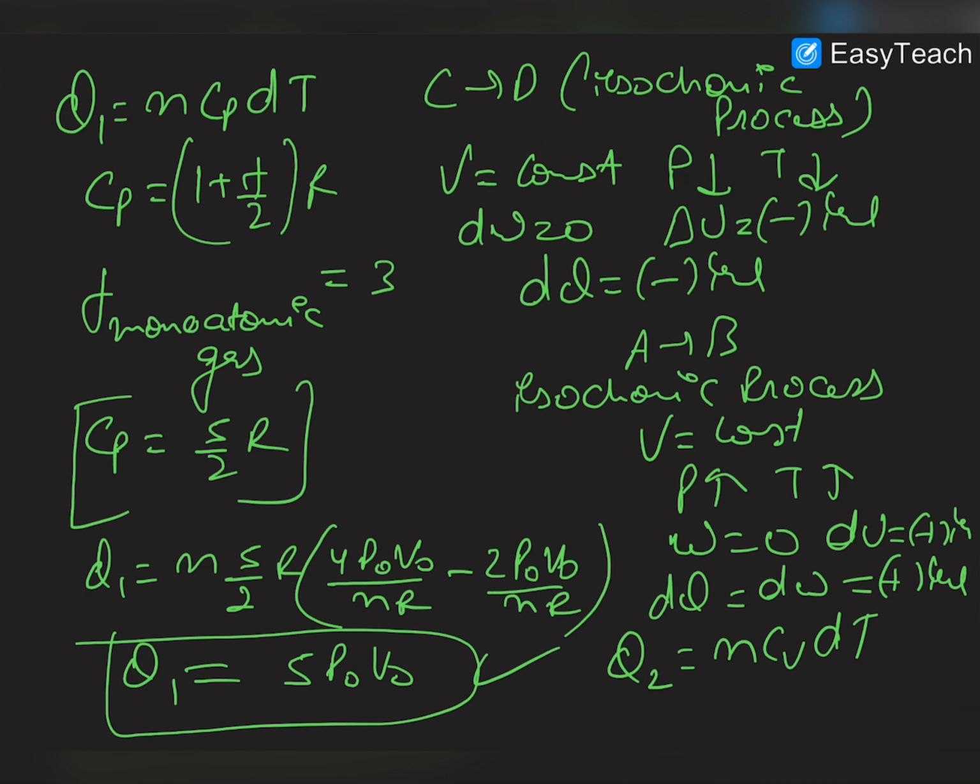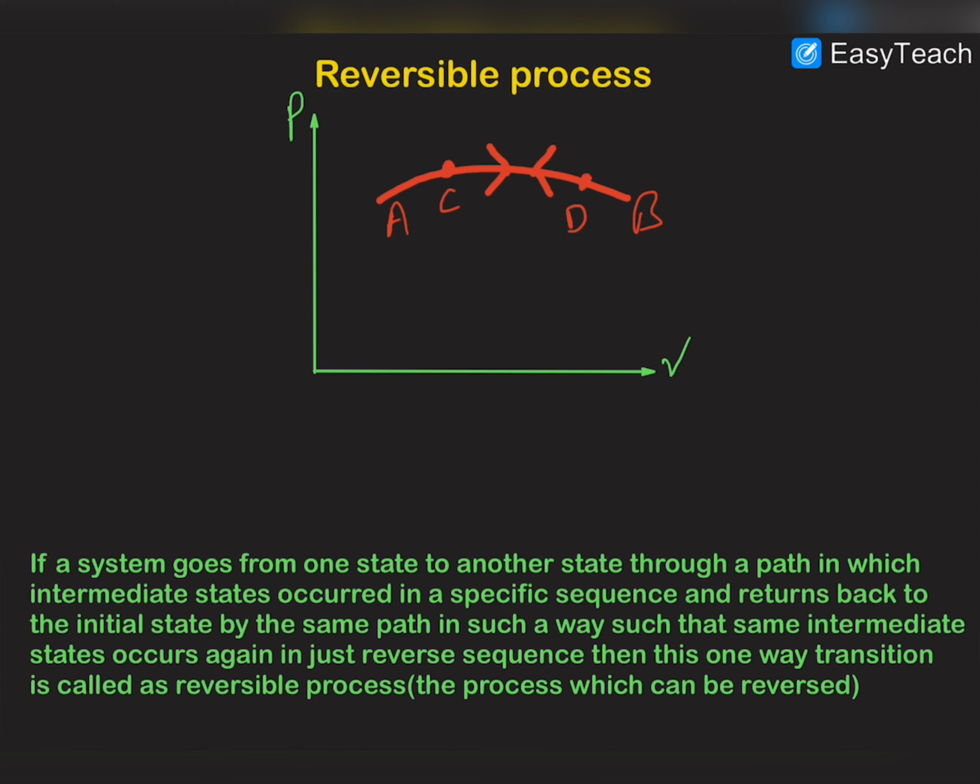Now let us see the reversible process also. So you can see that a reversible process is a process which, let's suppose, this gas is moving from A to B from this path in which C occurs before D, and then D occurs, and then B occurs.